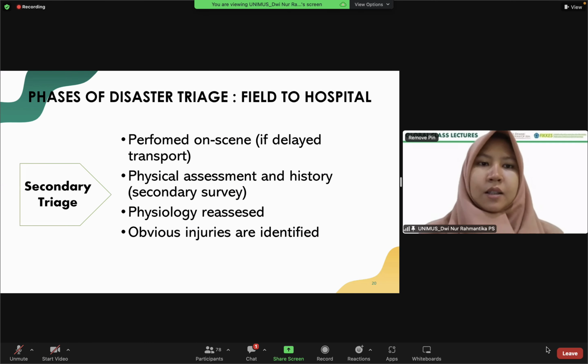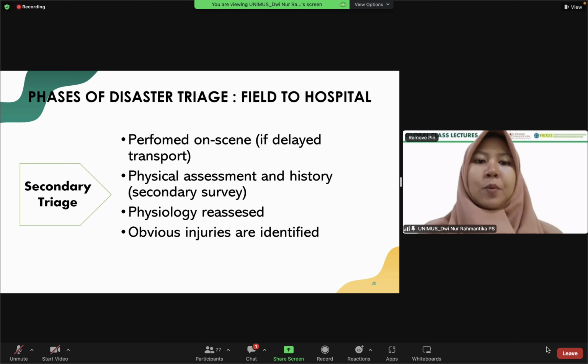After we do the primary triage, we move to the secondary triage. Secondary triage is mostly conducted in hospital, but it can also be performed on scene. Maybe the hospital or facilities are not ready to receive the patient, so secondary triage is performed on scene.